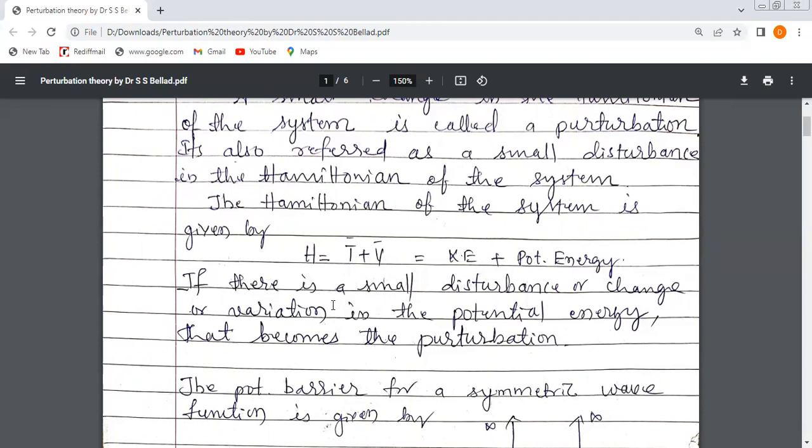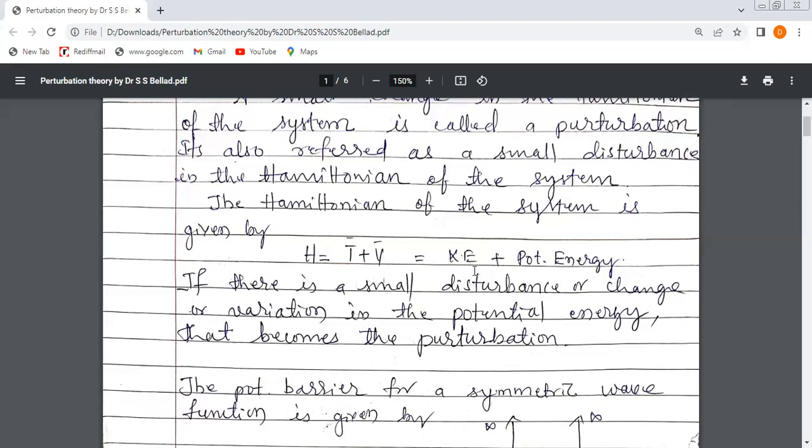For example, if there is a small disturbance or change or variation in the potential energy of the Hamiltonian, then we can say that there is a perturbation. Or if the kinetic energy changes by a small amount, then also we can say that there is a perturbation.